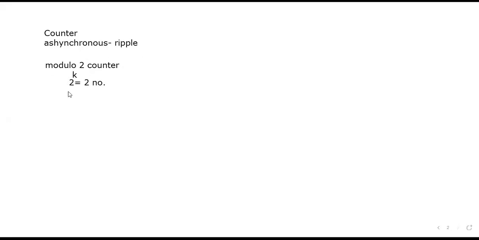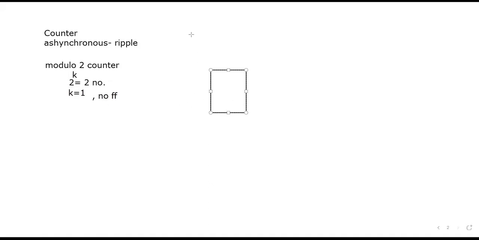If 2 raised to k equals 2, what is the value of k? So k is equal to 1. That is the number of flip-flops required. So we require 1 flip-flop to make a modulo 2 counter, also known as a binary counter.